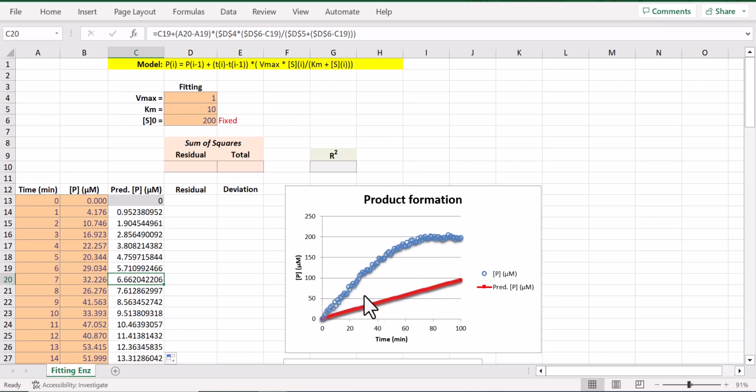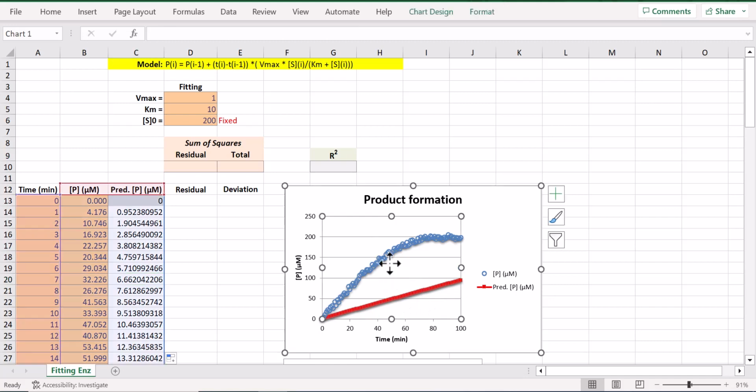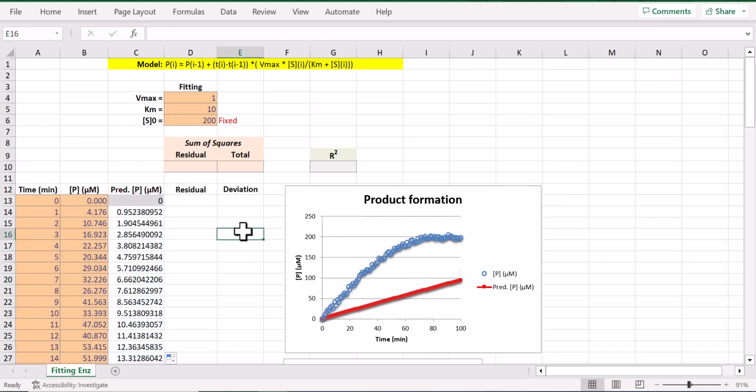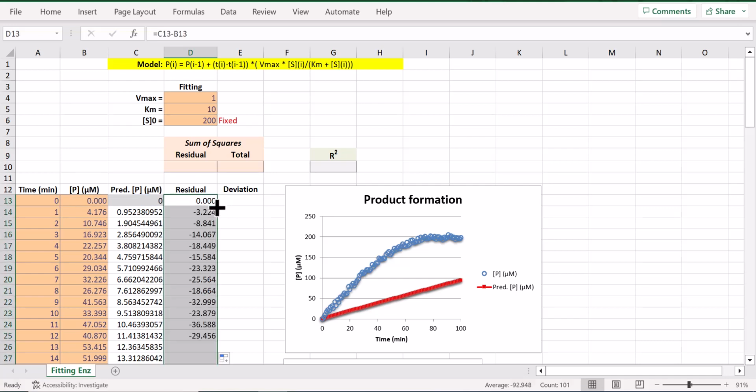And you can also see that the predicted values are not very close to the observed values, but solver will fix that for us. So now we have to calculate the residual, which is simply predicted minus observed. And we can copy that down. And now let's add a statistical calculation.